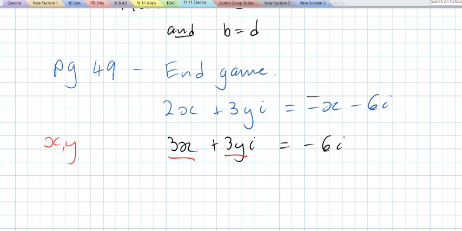What is the real part on the right? Zero. The real is 0. And the imaginary is negative 6. So we can say, therefore, 3x equals 0 and 3y equals minus 6. So the imaginary parts are equal and the real parts are equal.